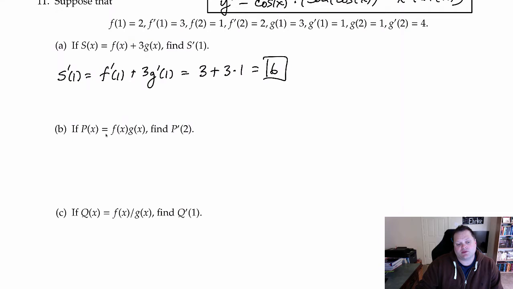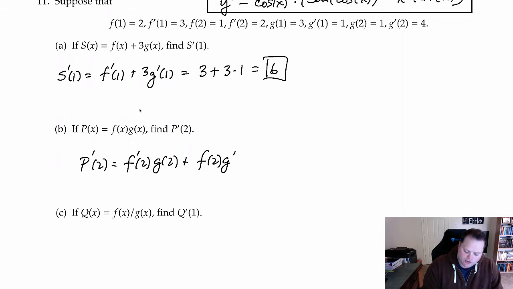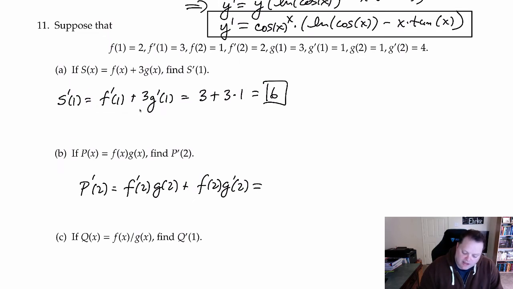Okay, here you've got a function of x times another function of x, so when I take the derivative of this, I've got to use product rule. So p prime of 2 would be f prime of 2 g of 2 plus f of 2 g prime of 2. And so the information provided tells us this is 2 times 1.